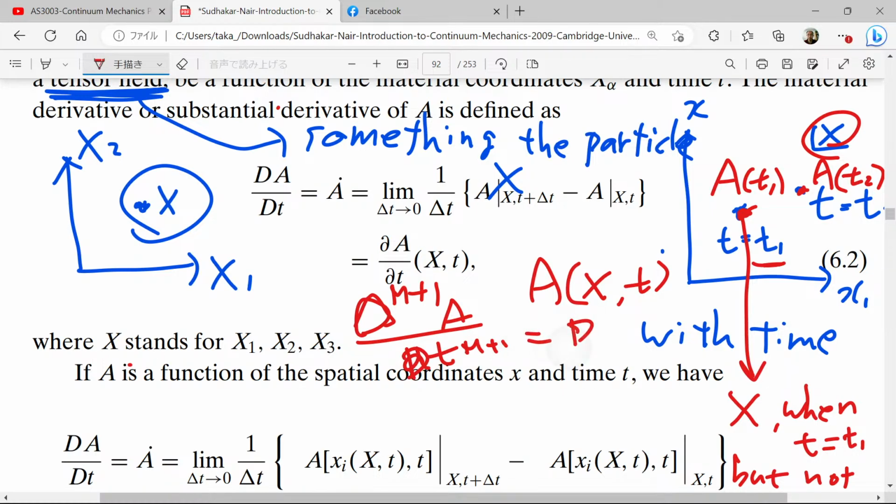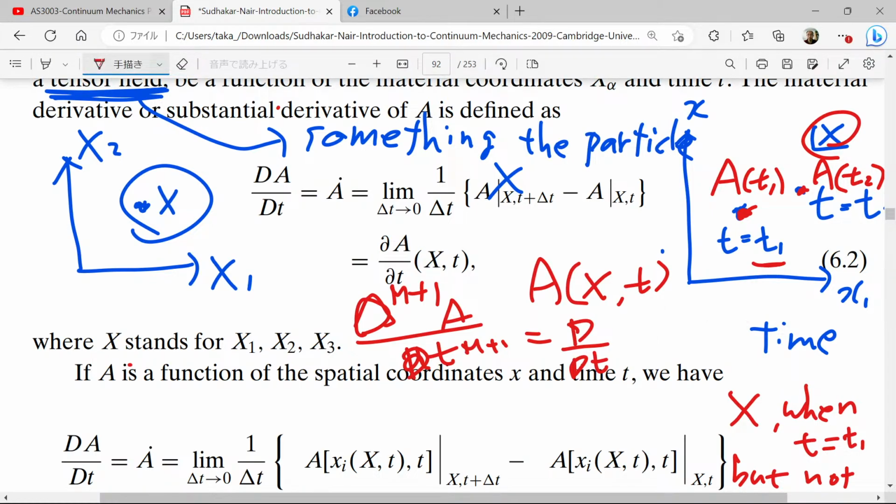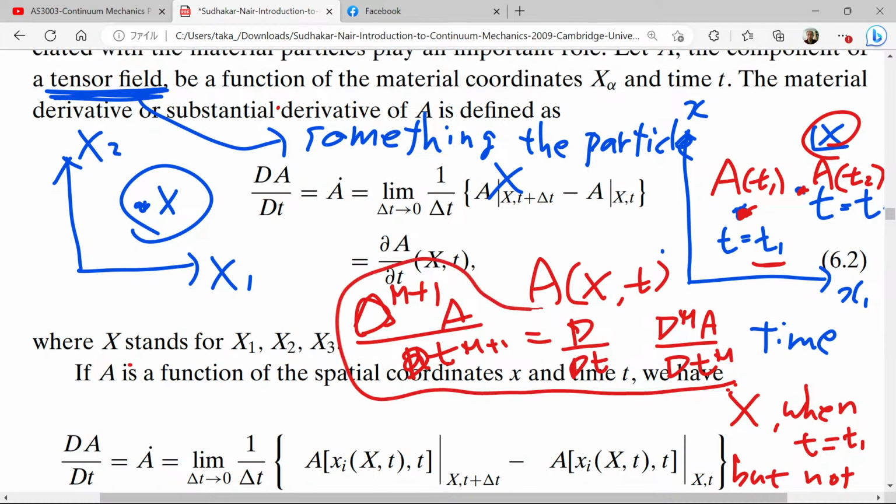You just have d dt of d m a over dt m, this way.